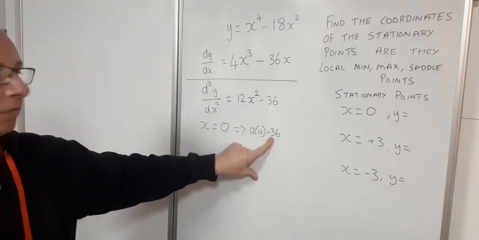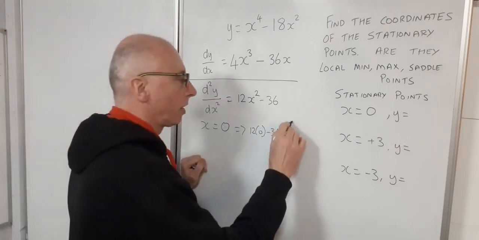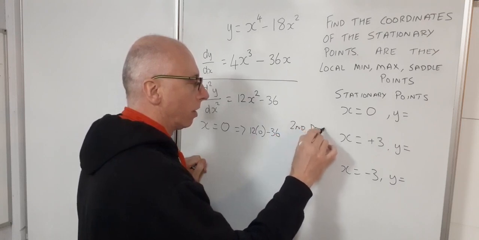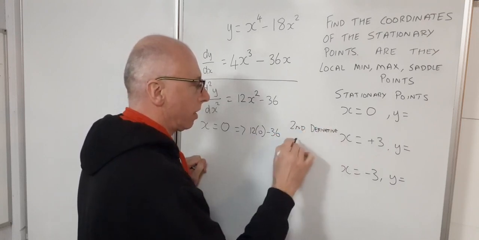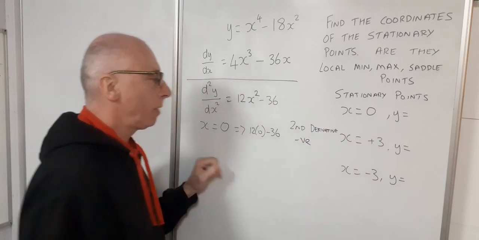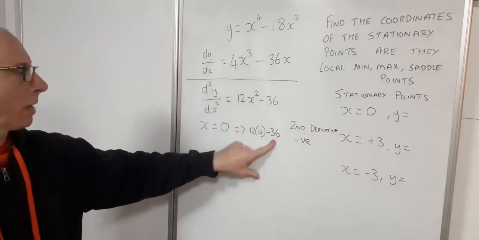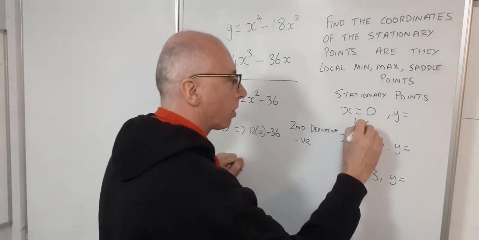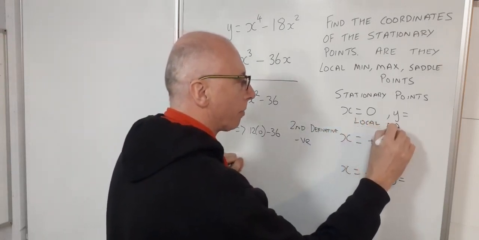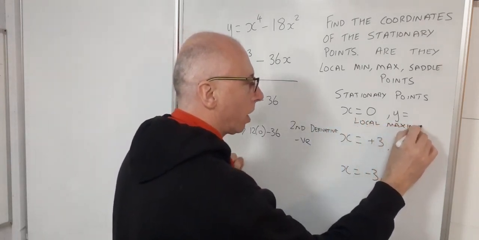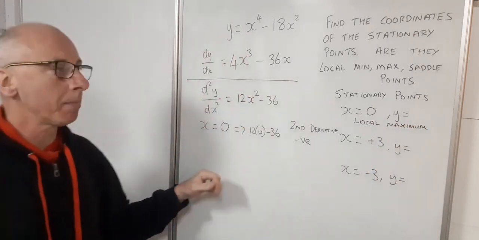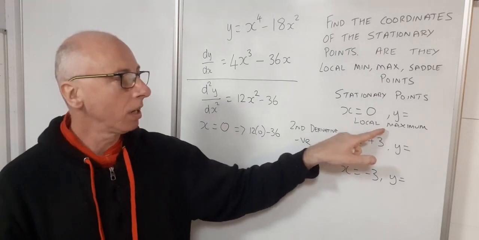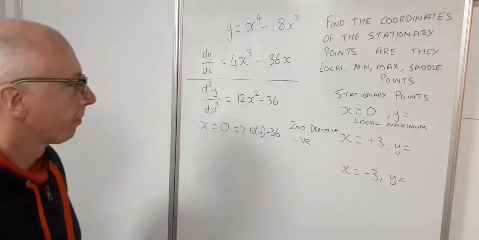So if my second derivative is negative, that means I've got what's called a local maximum at 0. So this one here will be a local maximum. It's called a local maximum because it might not be the maximum value of the whole graph, but in that region of the graph, that's a local maximum.